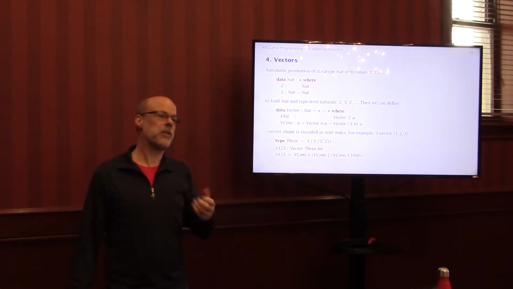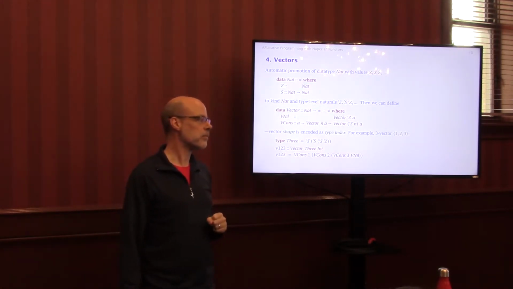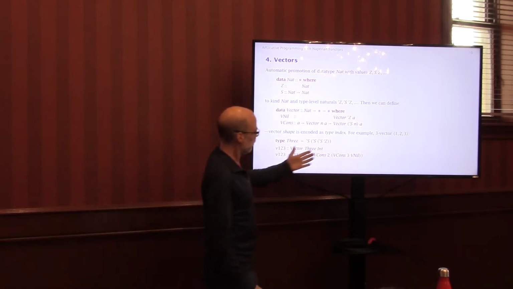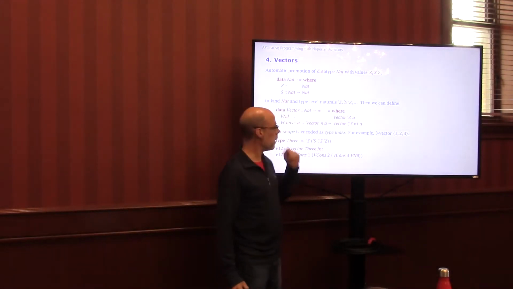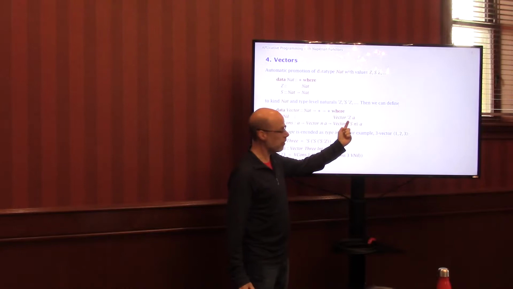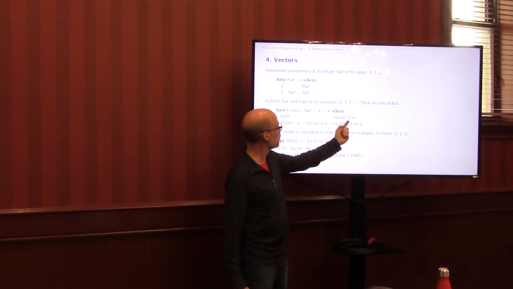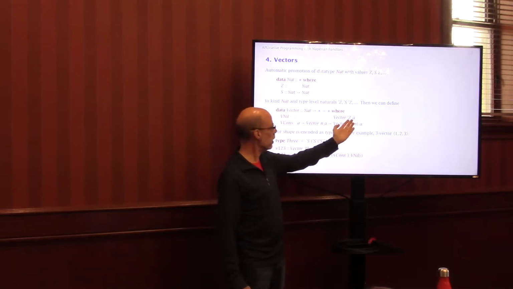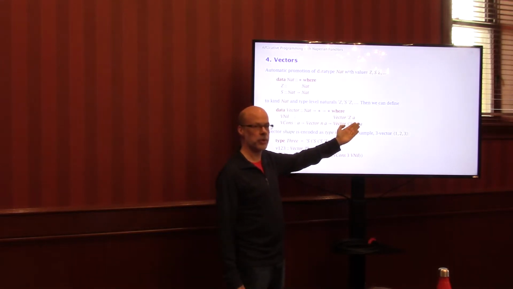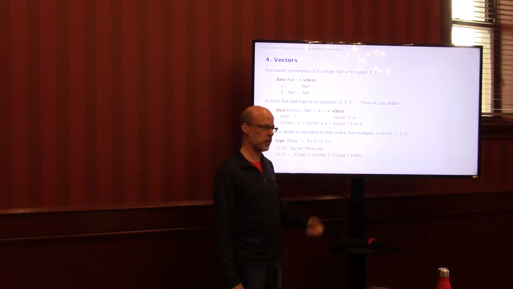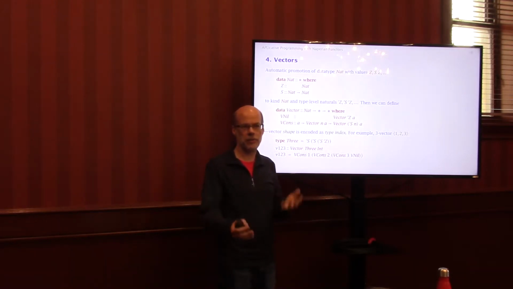So the length of the vector is encoded in its type. So these aren't proper dependent types. These are not types that have value indexes. That's why I had to make a type level image copy of the natural numbers in order to have the natural numbers as a type. So that's why Haskell is not really a dependently typed language. It's kind of faking it.